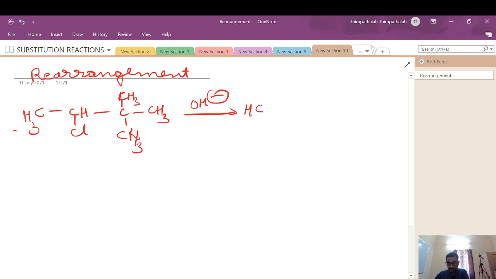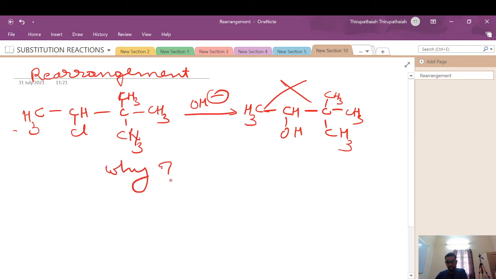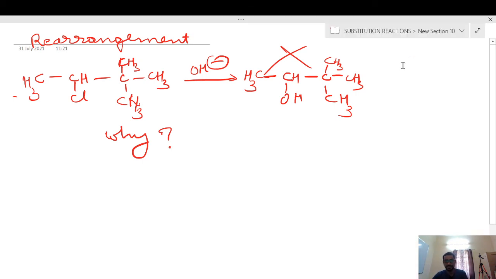We expect that OH minus should replace Cl minus and it should form CH3CH(OH)CH(CH3)CH3. This is the expected product, but this does not form. Why? Because rearrangement is possible in SN1 reaction. I will show you how this rearrangement works.